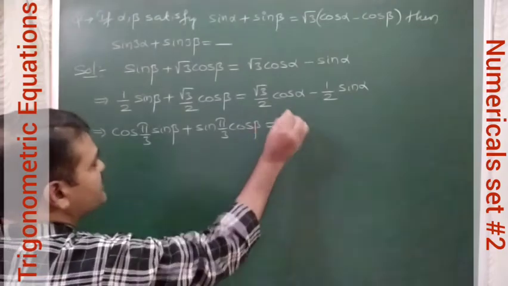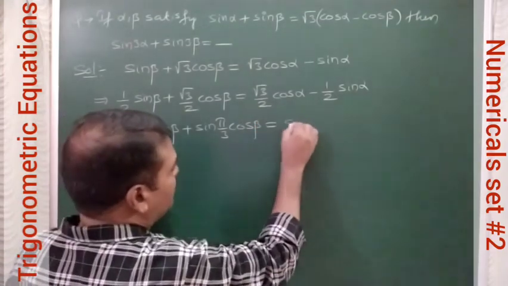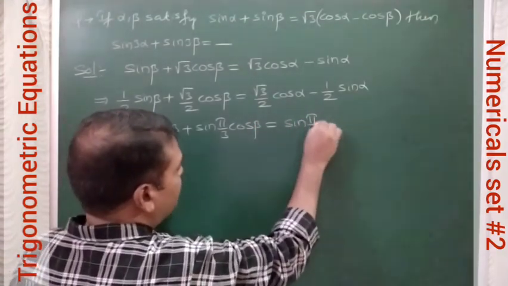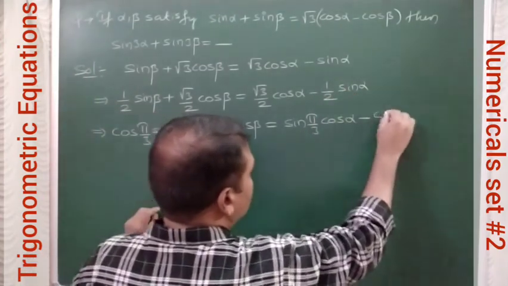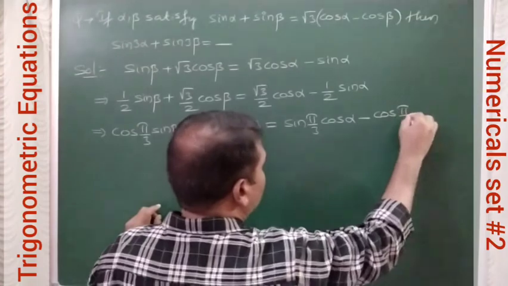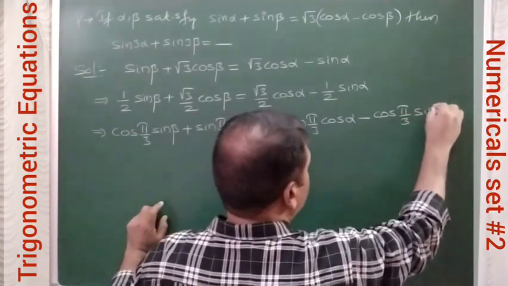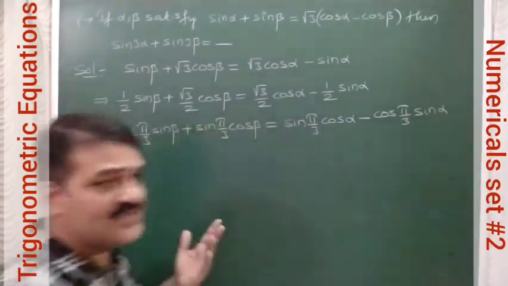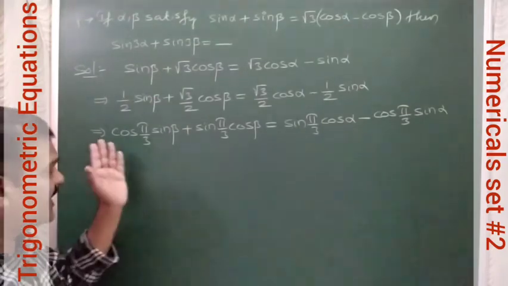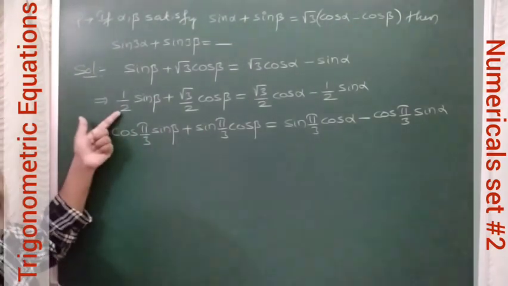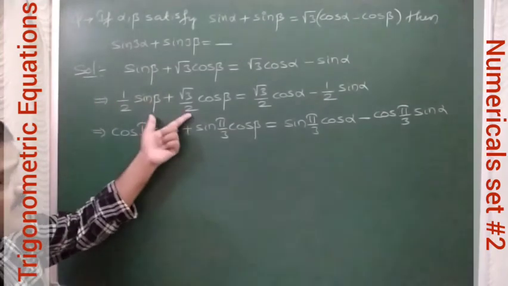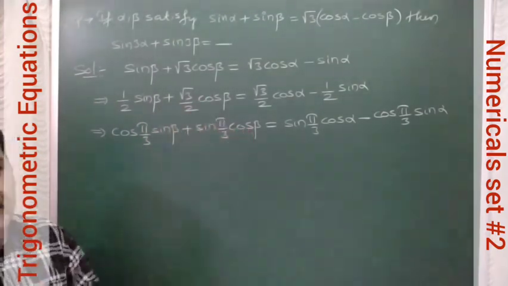Similarly in the RHS side, this root 3 by 2 as sin pi by 3 and this 1 by 2 is written as cos pi by 3. Just to get the standard compound angle formulas, I am changing like this. You can actually write in a different model also. You can write sin pi by 6 here, cos pi by 6 here. That also we can do.